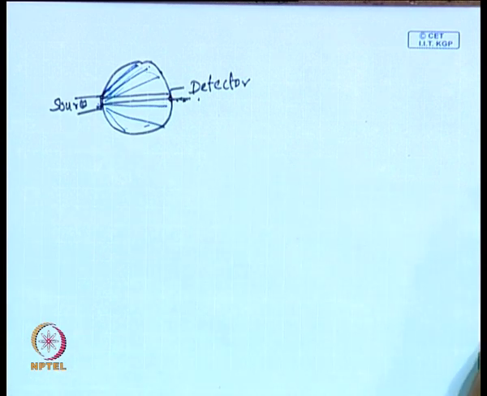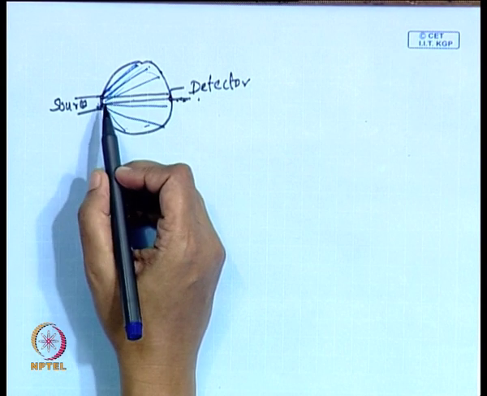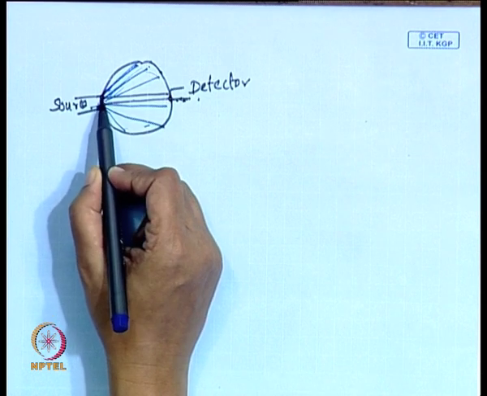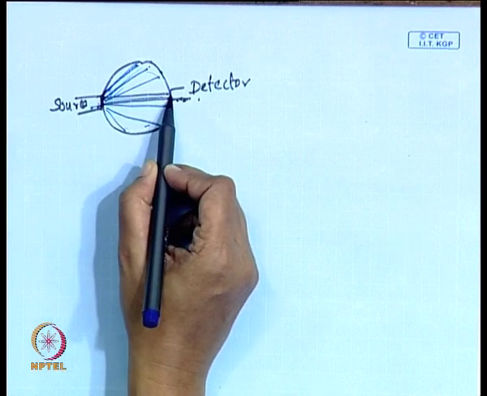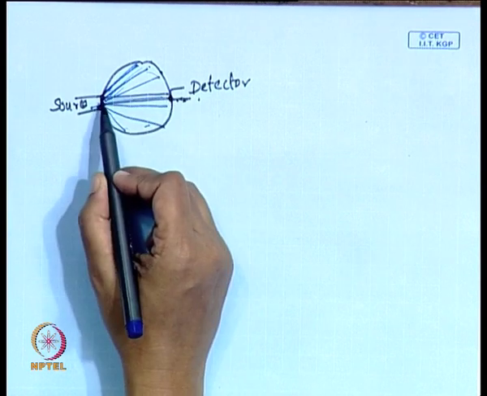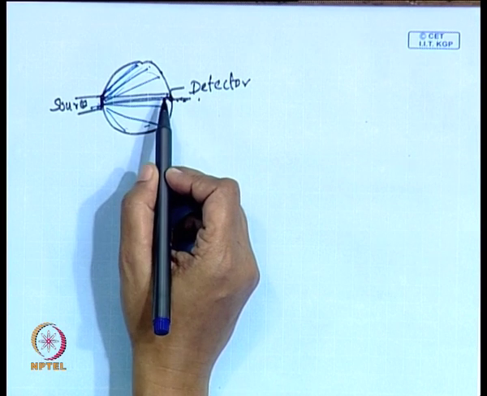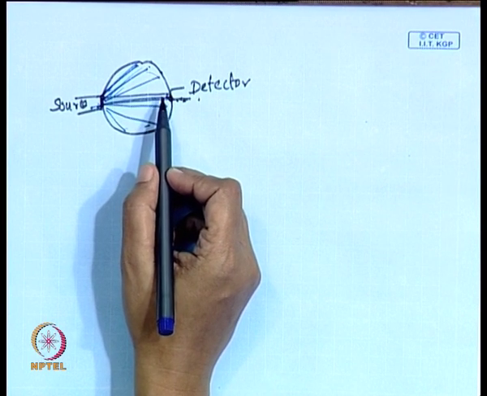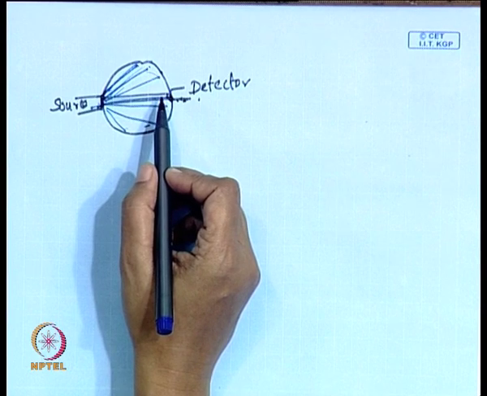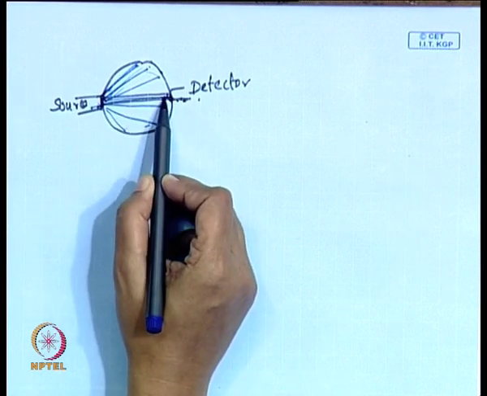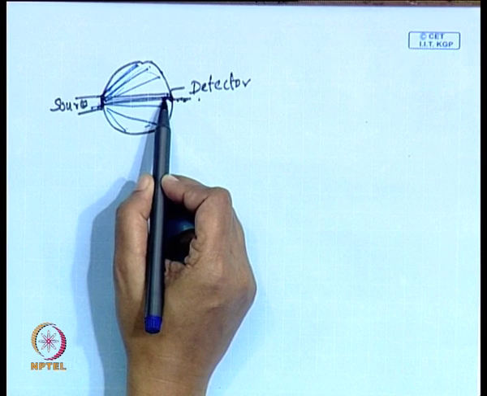And remember the other thing also, it is very important that we have a very small source, so that this beam can be as narrow as possible, such that it can give us an idea regarding the chordal average void fraction. This also has to be remembered. Otherwise, we are not going to get the chordal average void fraction in this way. Now, once we get the chordal average void fraction, naturally our ultimate aim is to get the volume average or the area average.